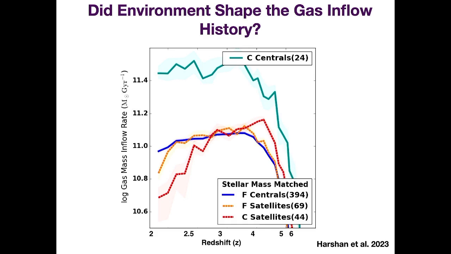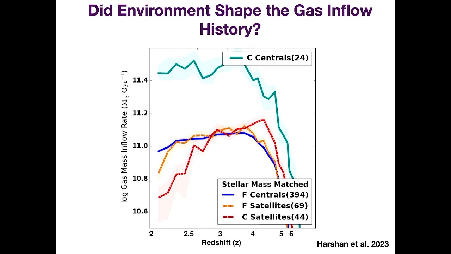What the difference really is, is in the cluster satellites, which have higher gas inflow rates compared to their field counterparts, but there is a rapid decline in gas inflow rates around redshift 4 and 5, which is around when we see the total gas fractions going down as well.